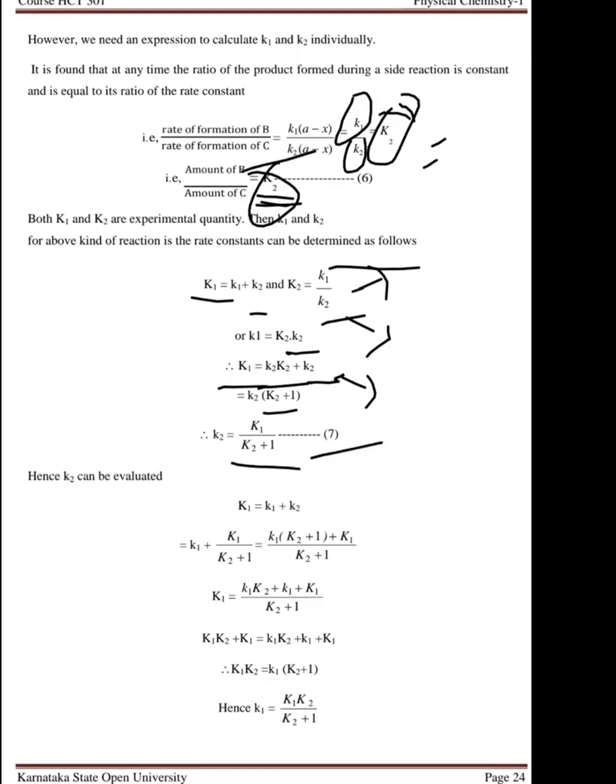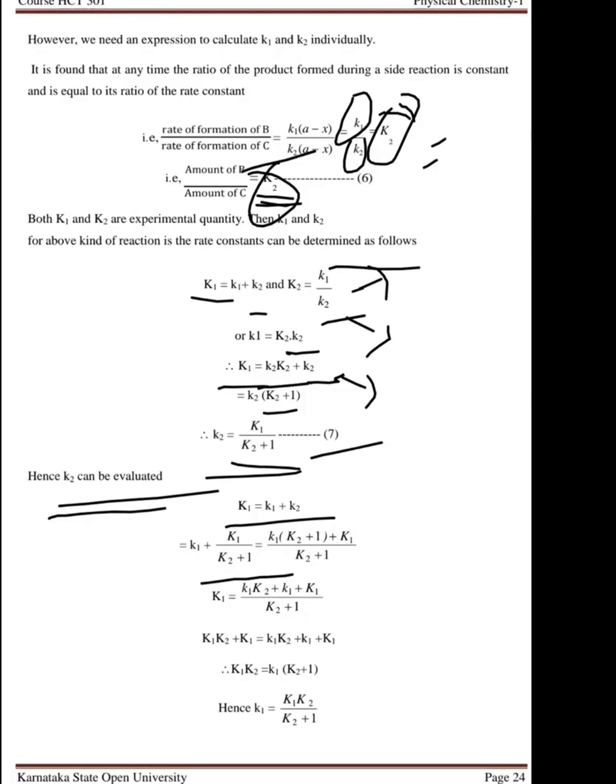And further, keeping k1 plus k2 as constant, we are going to calculate k2 here. k1 plus k2 is equal to the value we have got. We are going to insert this value, k1 plus k2, divided by K plus 1. Further, in the next step, we insert the value of k1.